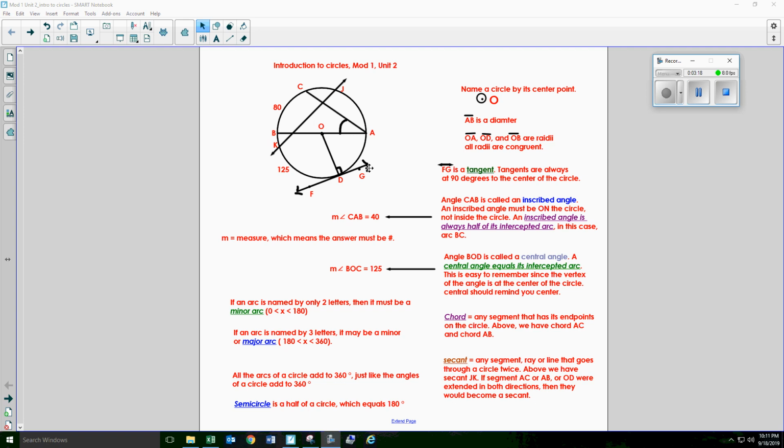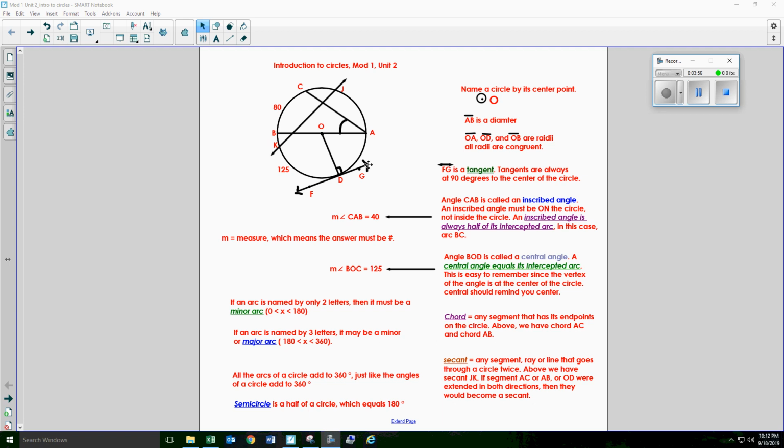A tangent can be a ray, segment, or a line that only touches the circle in one point. In this case, point D. So this is line FG is tangent to circle O at point D. When it's tangent, meaning it only touches one spot on the circle, if I drew a segment from that point to the center, that's a radius obviously, because any point on the circle to the center is a radius, that angle will always be 90 degrees, or perpendicular.